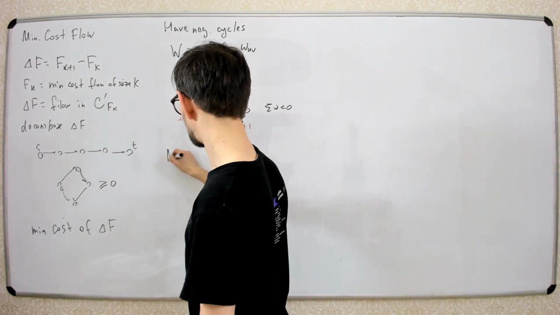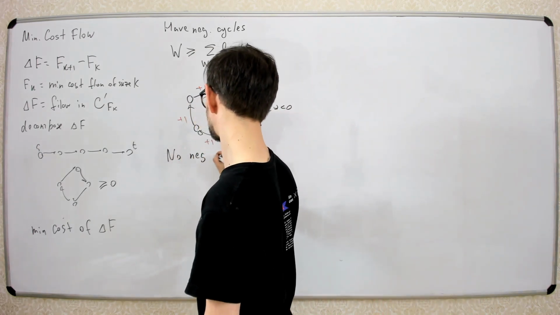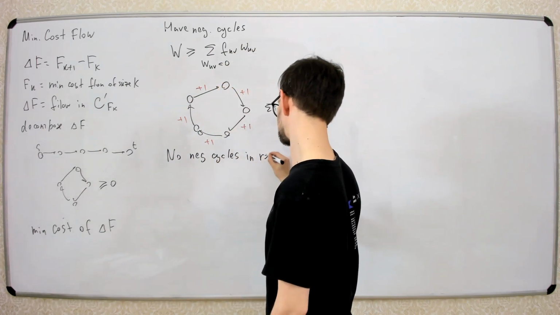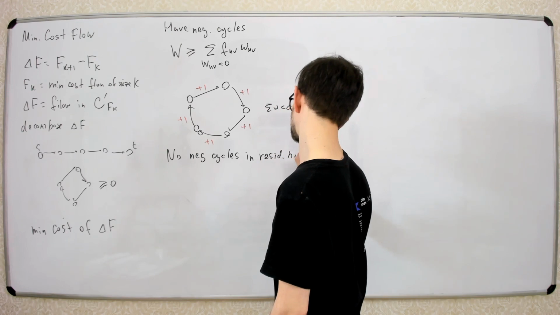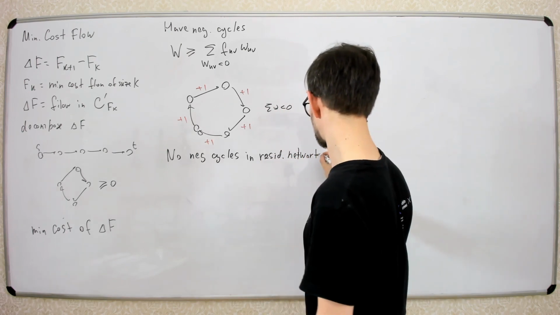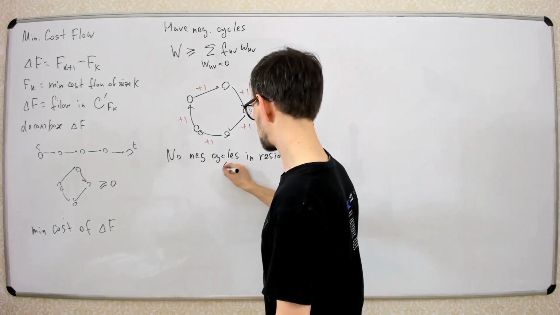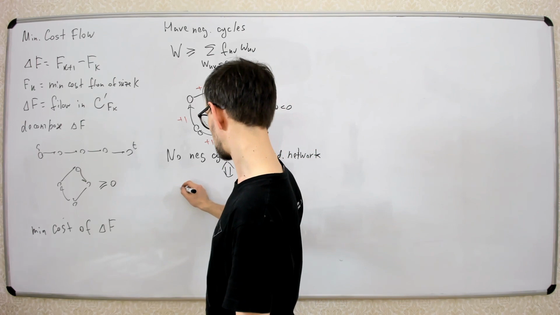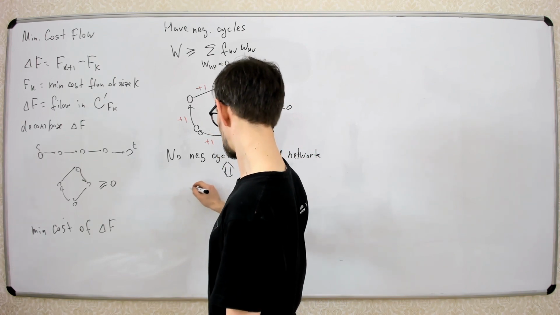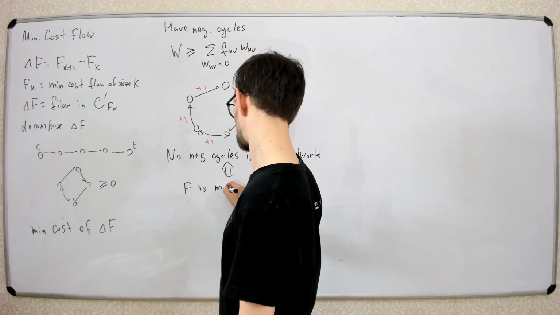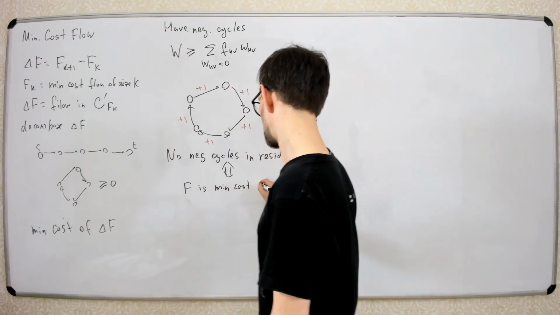We have no negative cycles in the residual network if and only if we have a maximal flow of this size, of minimal cost for this size.